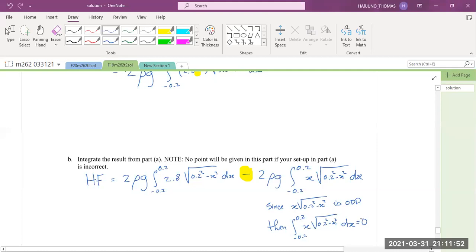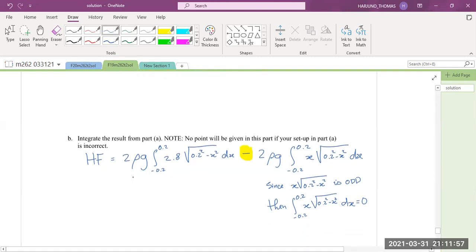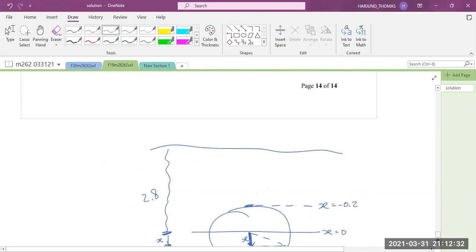So your plus and my minus doesn't matter. In the end, this will be just 5.6 rho g times the area of the semicircle. So if you look at yours, you will get exactly the same as mine.